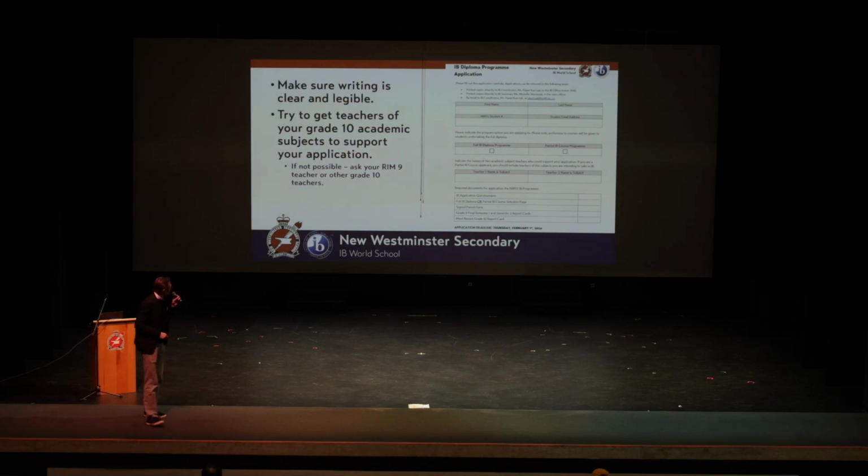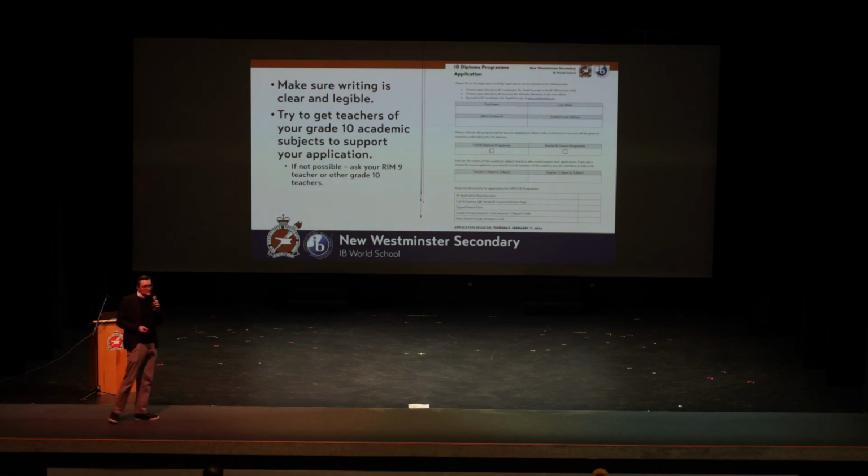So if it's not clear as to what that email is, that can be a bit of a problem. I often get questions about which teachers to ask for recommendations for that first page of the application, where it asks for the names of 2 teachers. Try as best you can to get 2 teachers of grade 10 academic subject. So try to get your math 10 teacher or your social studies 10 teacher if you can.